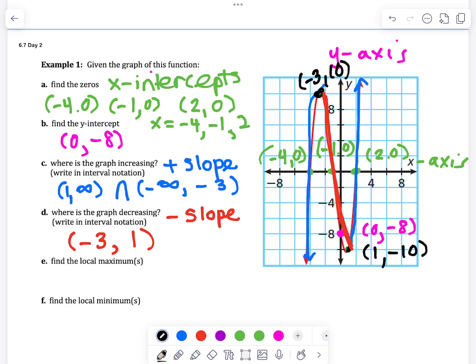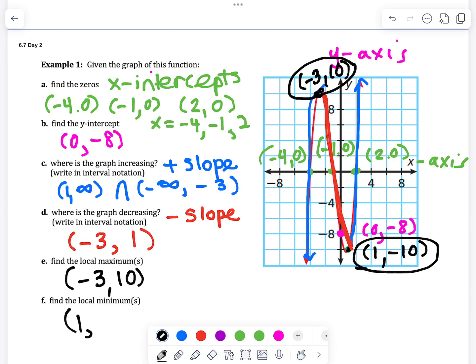Then we'll do our local maximum. So up here is our local maximum, and that's a turning point, -3, 10. And then down here is our local minimum, our other turning point.